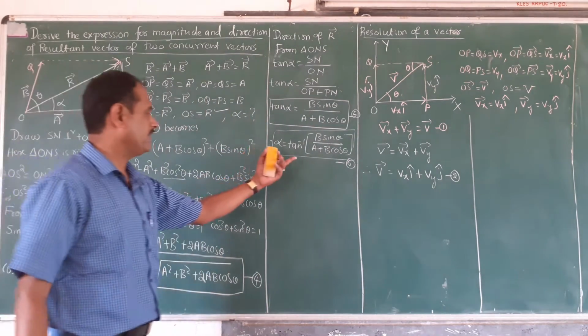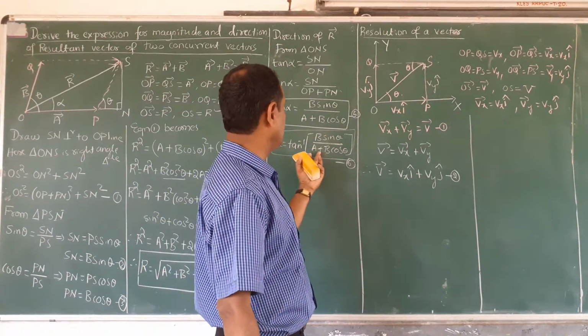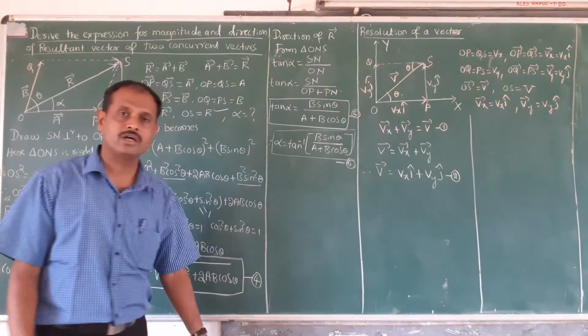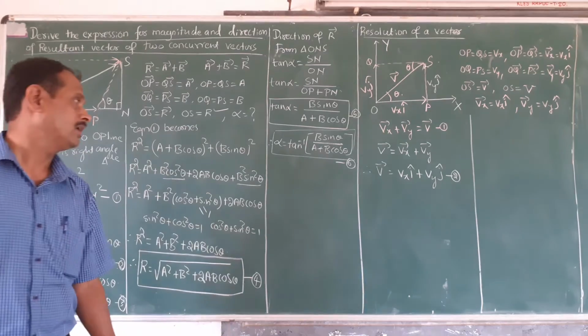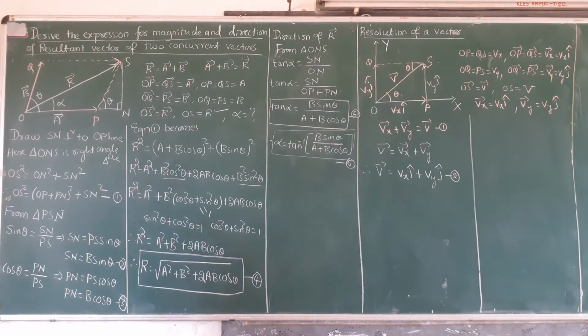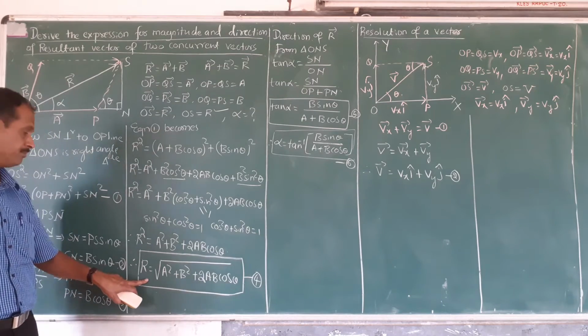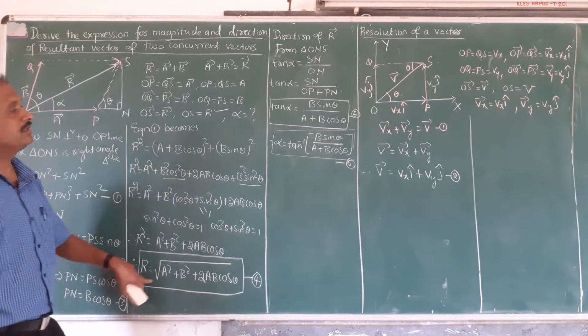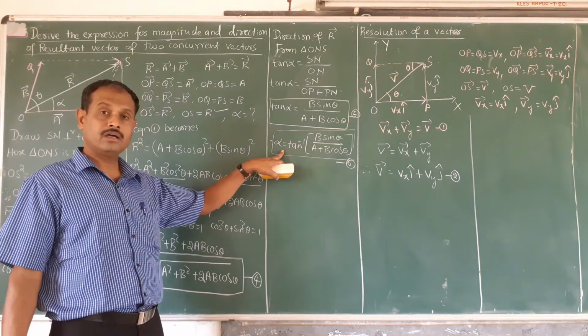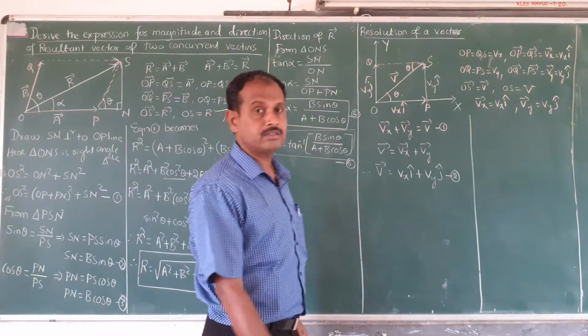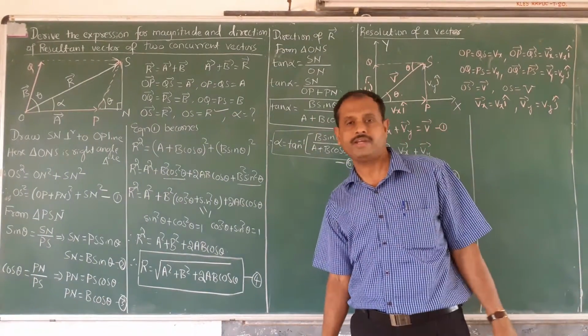Alpha is equal to tan inverse of B sin theta divided by A plus B cos theta. It gives the direction of the resultant vector. This is the expression for magnitude of the resultant vector, and this is the expression for the direction of the resultant vector of two concurrent vectors.